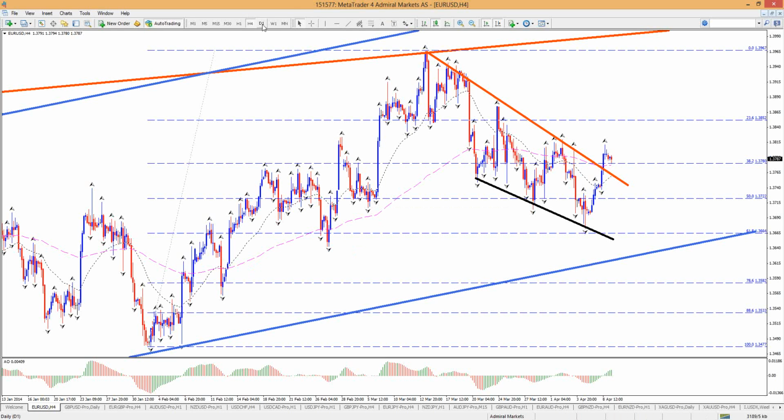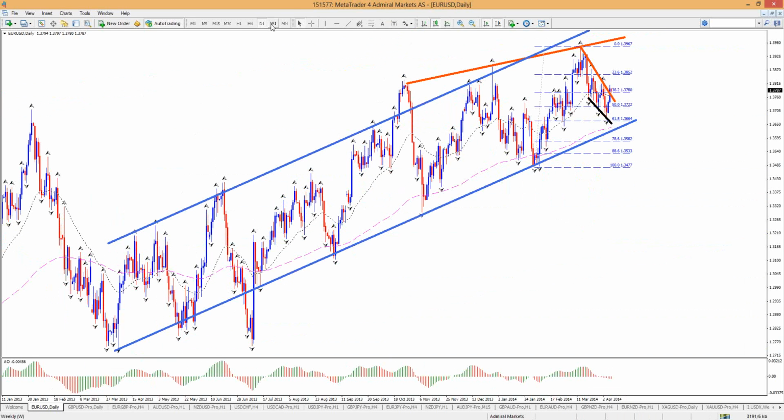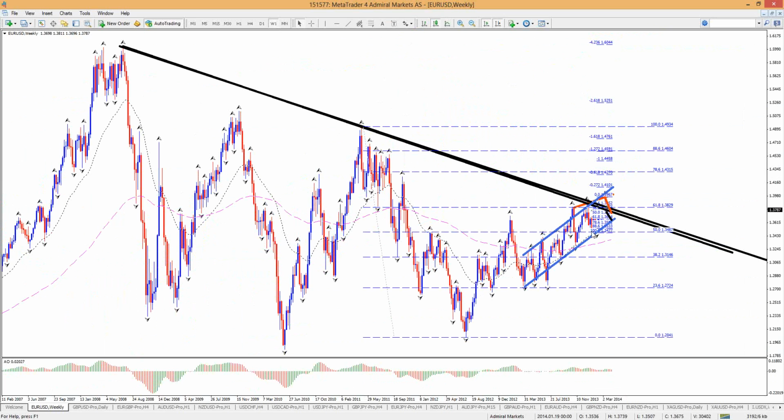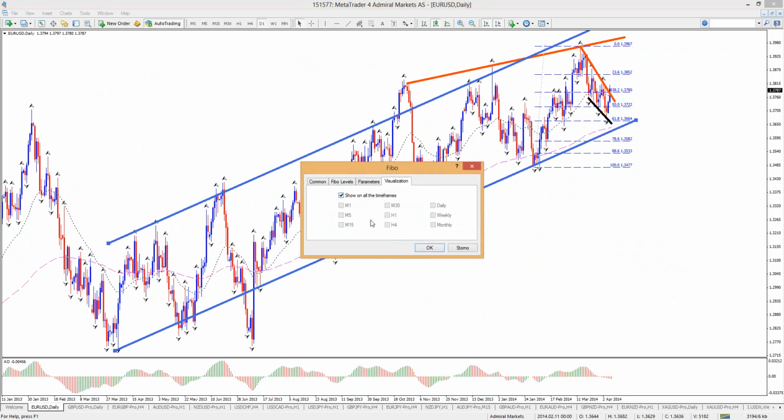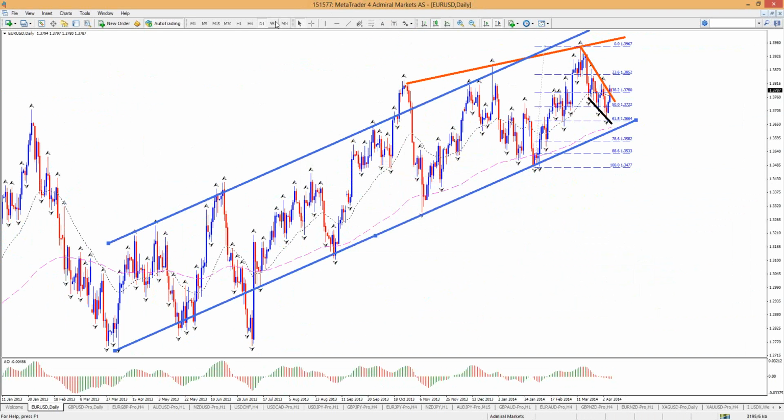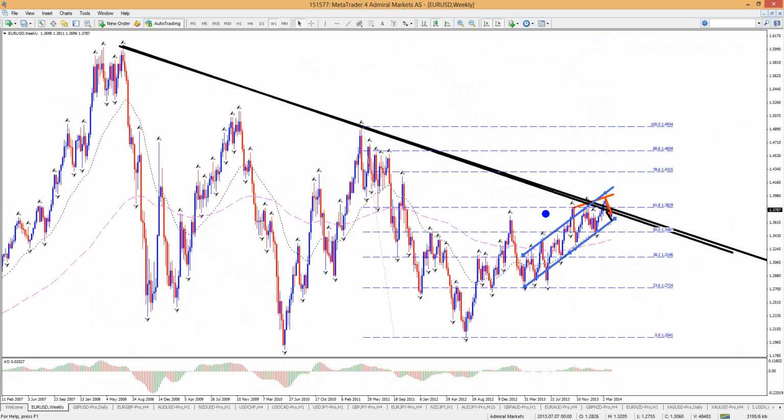If, for instance, let's go to this weekly chart. This weekly chart is showing a fib. And if price is very close to this weekly 61.8, I would not take a long right in front of that level, right?